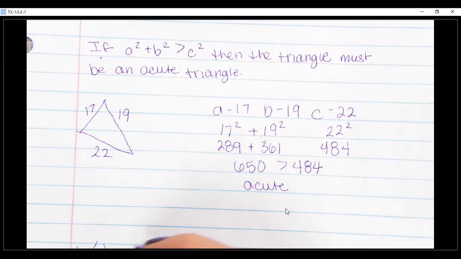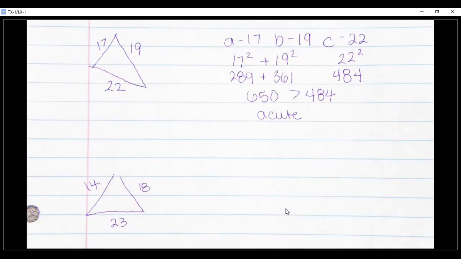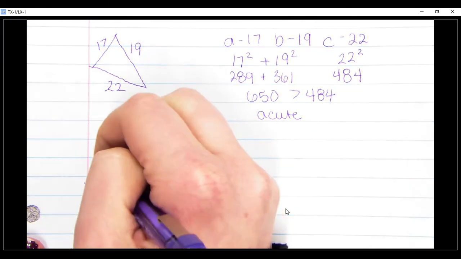Now, as you probably can figure out, the last one we're going to be looking at is an obtuse triangle. An obtuse triangle is a triangle that has one angle that is larger than 90 degrees. So again, we're going to use the converse.